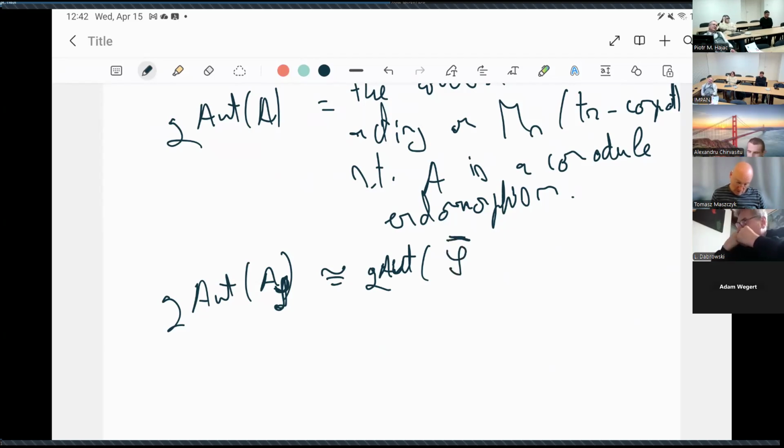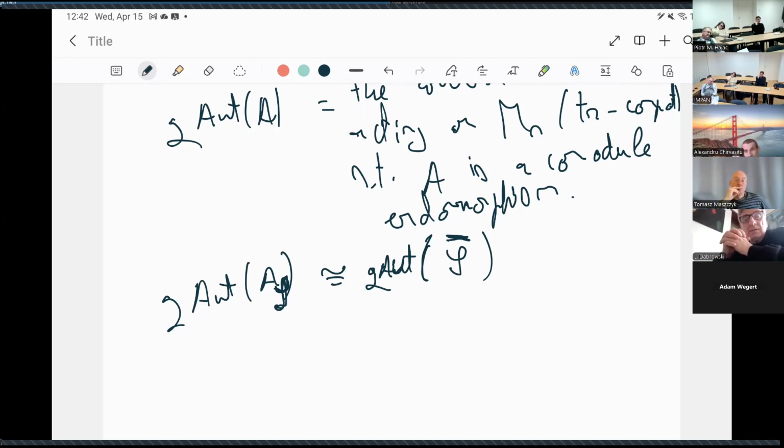You have to pass to the conjugate operator system, complex conjugation. Complex operator systems are invariant under star, which is a conjugate transpose. They're not necessarily invariant under transposition. That's different. This is still an operator system, but it's in a different Mn, so to speak. So that's how these are related.